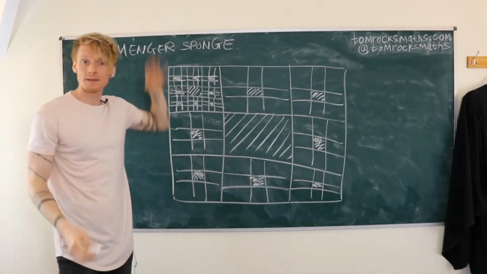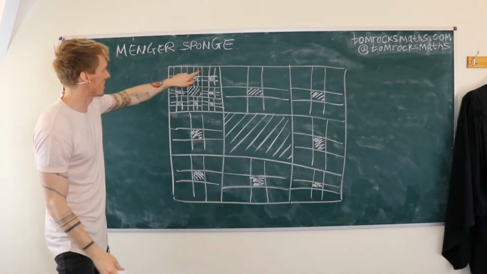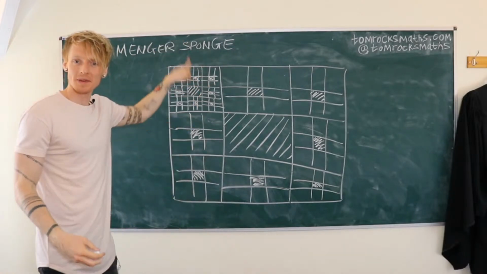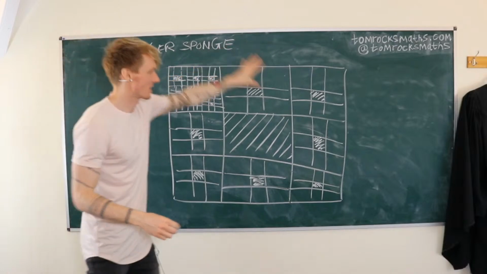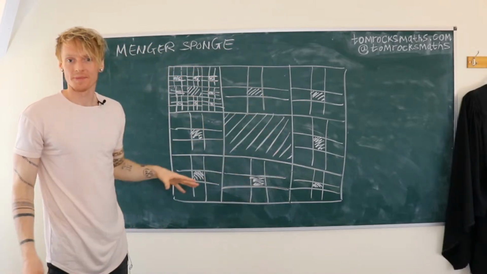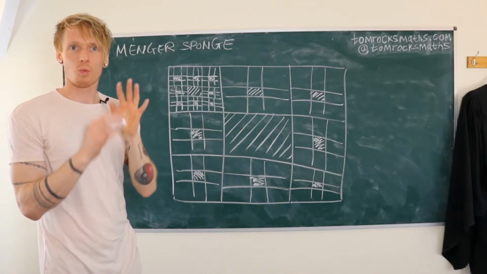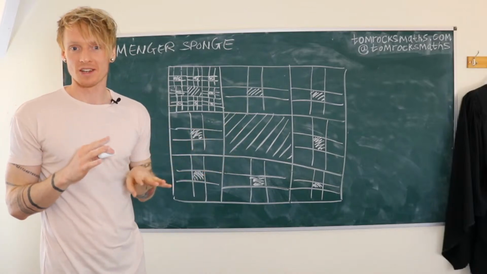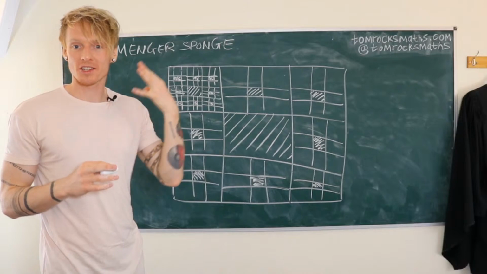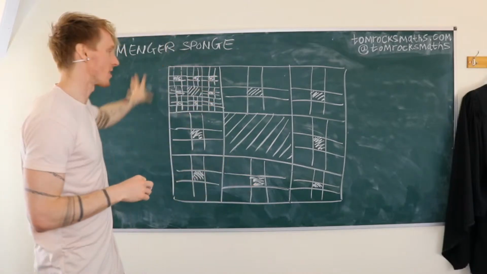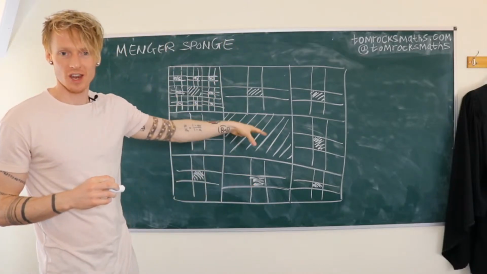And then you're just going to keep going again. You take all of these squares, divide each of them up into 9, and repeat, and the same for every single square on here. You can think of this as one face of our Menger sponge. So the Menger sponge is the 3D equivalent of this shape.